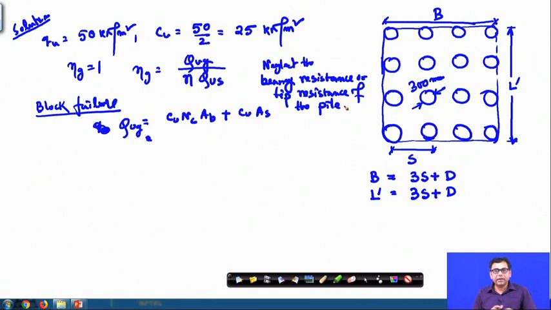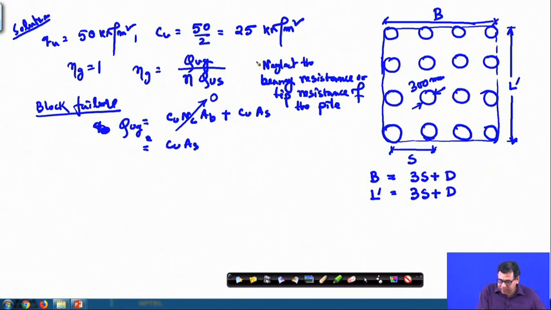So, we are neglecting the tip resistance of the pile; that portion we consider as 0. We will consider only the frictional part, so Cu into As for the group.